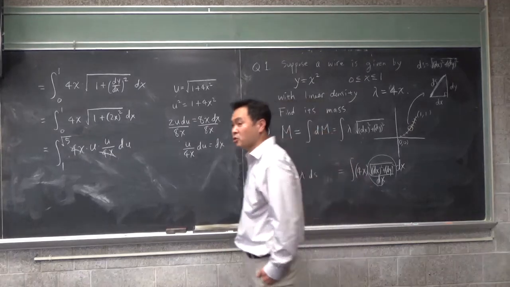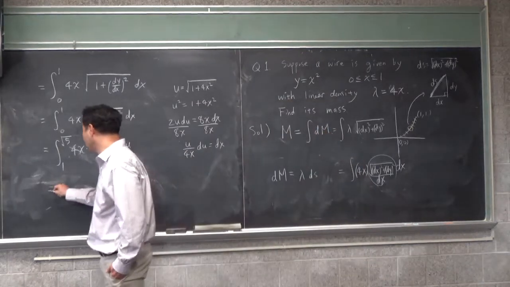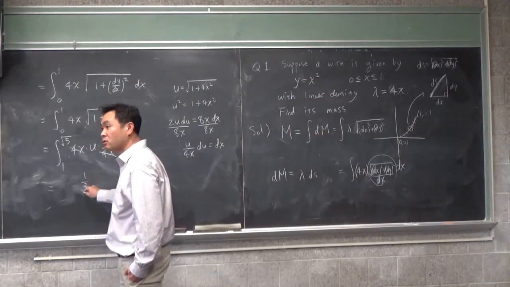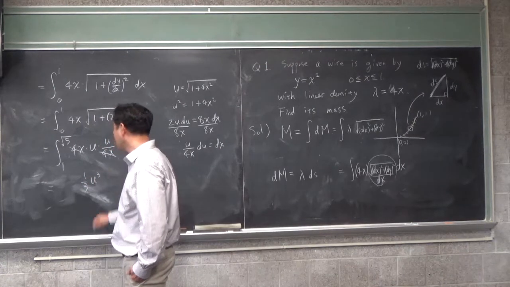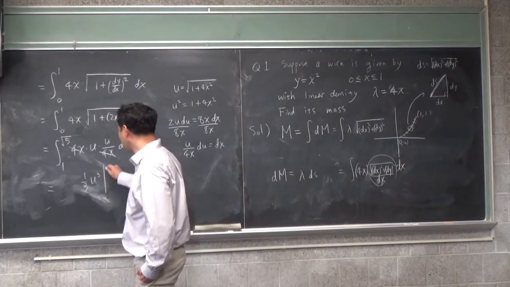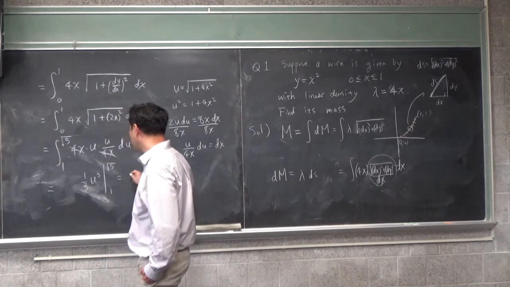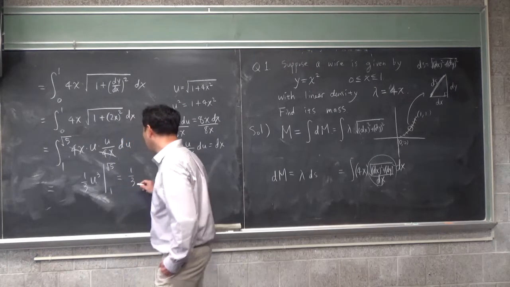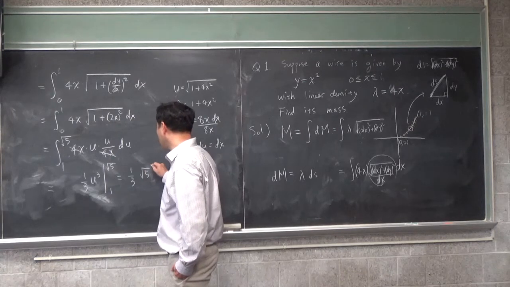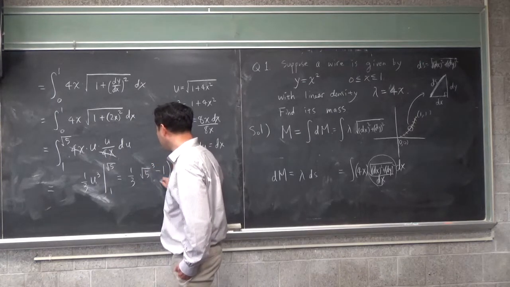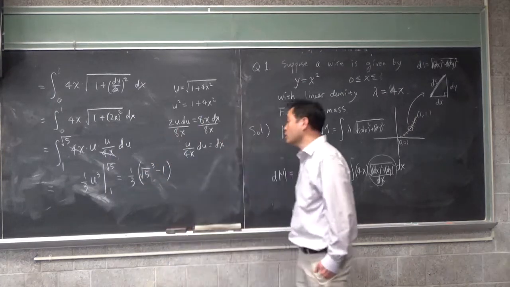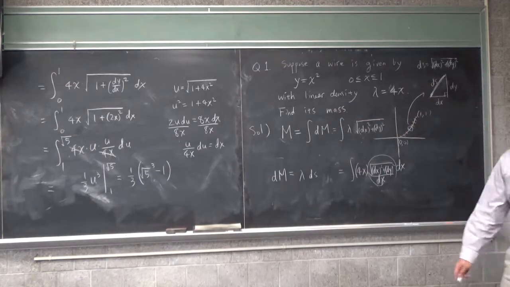And you're integrating u squared, which gives you 1/3 u cubed. And you plug in square root of 5 and 1. So it's 1/3 times square root of 5 cubed minus 1. So that's the mass of the wire.